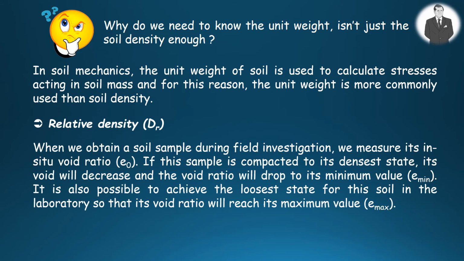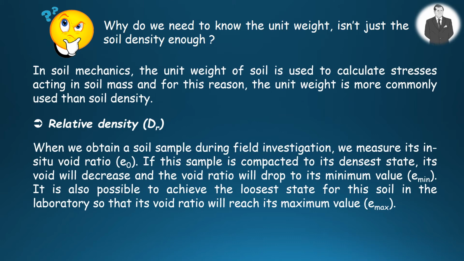Relative density is an important parameter for the definition of the state of cohesionless soils. When we procure a soil sample during field investigation, we measure its in situ void ratio. If this sample is compacted to its densest state, its void will decrease and the void ratio will reach its minimum value.